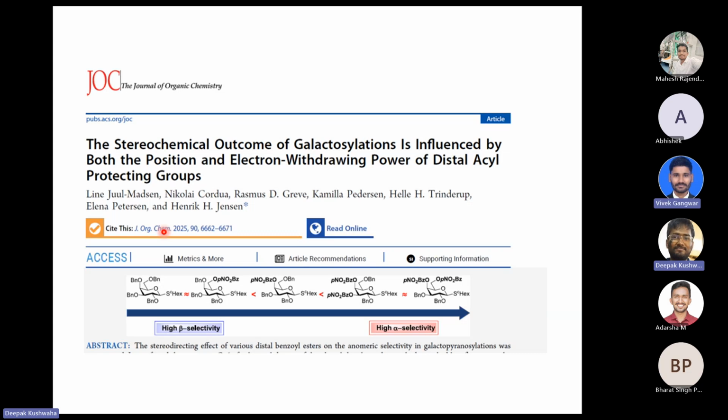The moment you keep an acyl group at the C2 position, you will definitely get the 1,2-trans product. But whatever reports there are, as you are mentioning, a catalytic method or some other donor itself will give the alpha-selective product. Those things are not of very broad scope, or may not be applicable in every place. That's why this problem is still open to study.